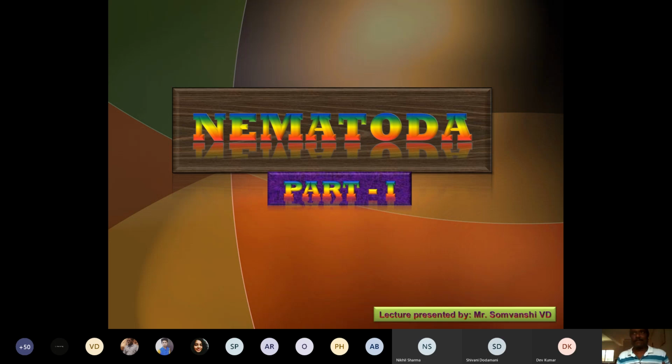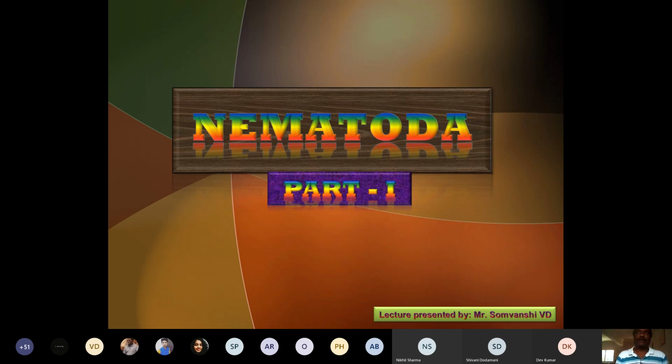Now, starting with the initial introductory part of nematodes, which is important for all the three parts which we are going to study successively. We'll be studying the general characters of nematodes, intestinal nematode as well as tissue nematode. So the first part would be slightly lengthy because it has some introductory part which is important to understand the different phases of the nematode.